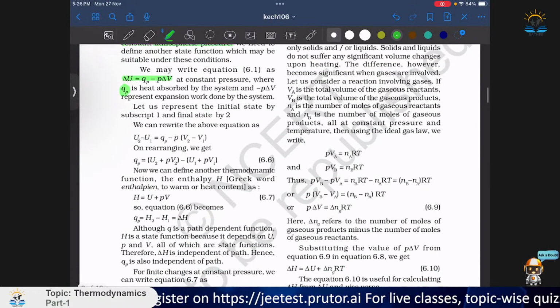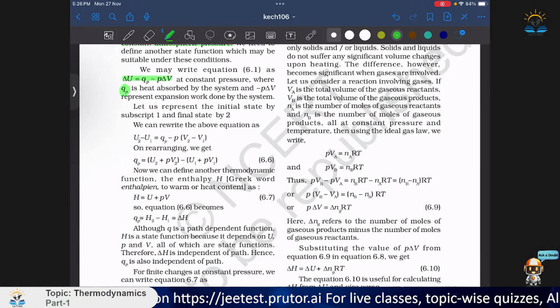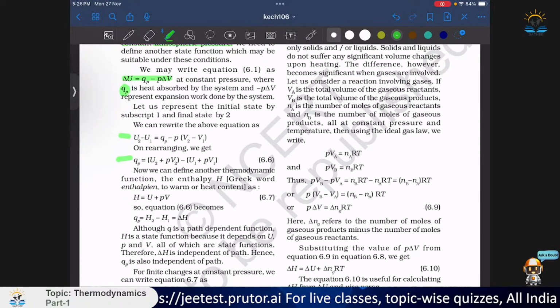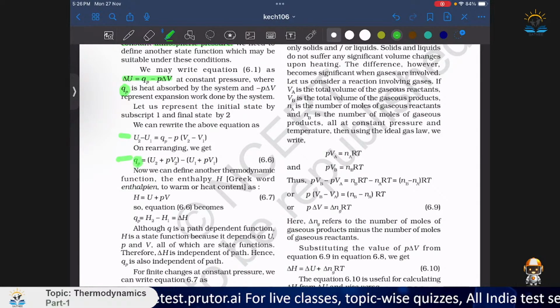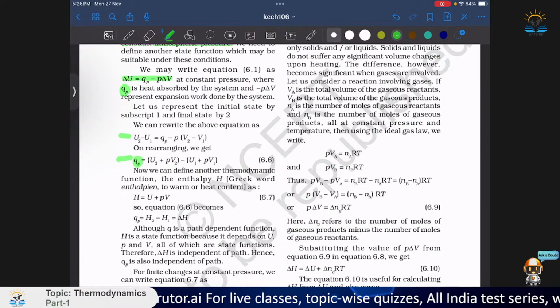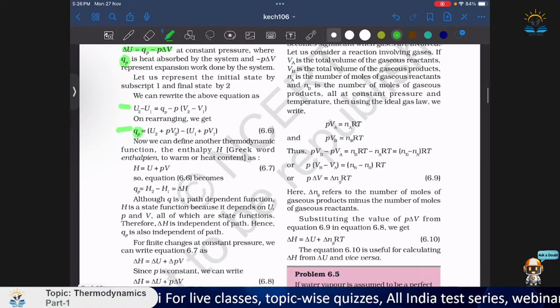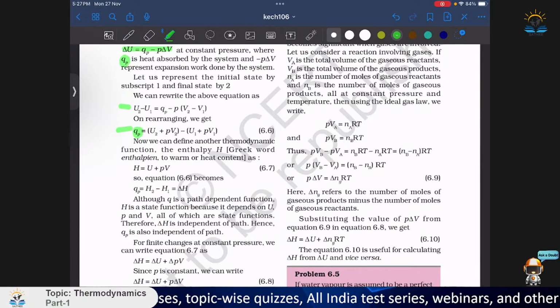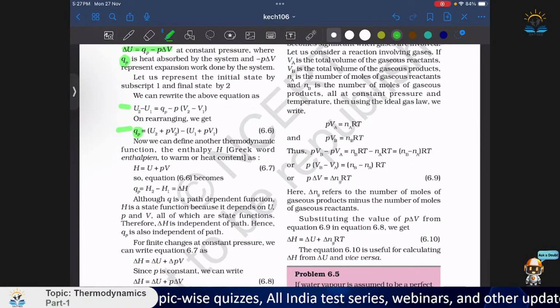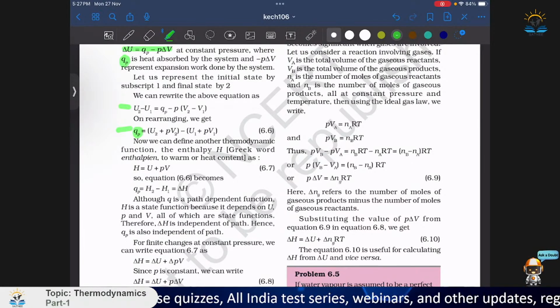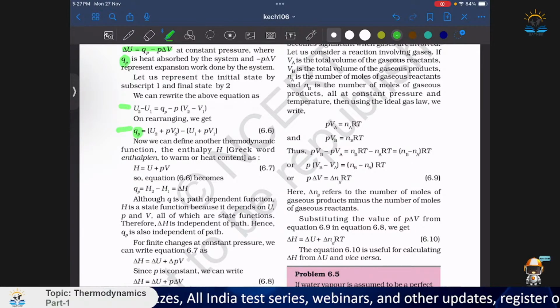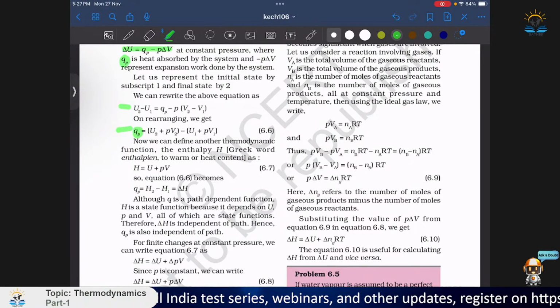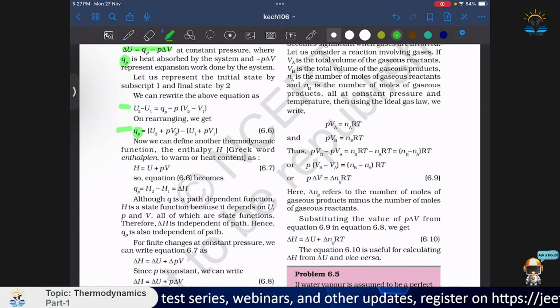Let's rewrite the above equation. On rearranging, we find that the QP, or the heat absorbed at constant pressure, is something in which the internal energy is getting added with your pressure volume work, right? Your pressure volume work is being added to your internal energy.